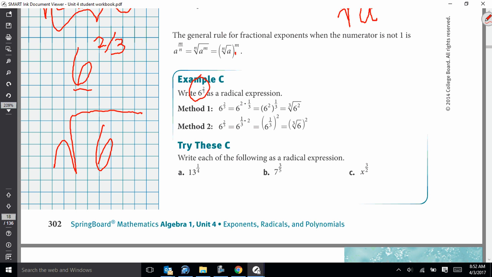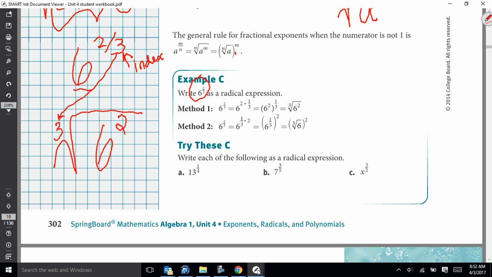It's our denominator. This is our index. Then 2, our numerator, is how many of the bases we have. Well, here we have two 6s.